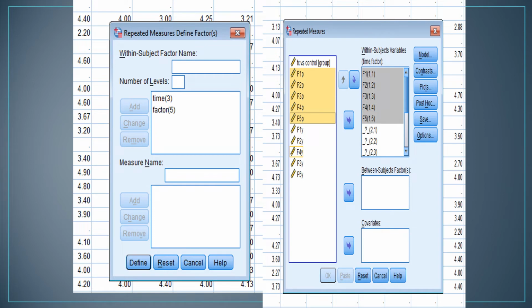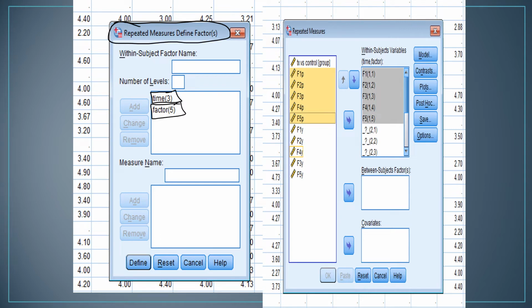So you would still go to this repeated measures option in SPSS to be able to perform this two-way ANOVA. And the difference is that when you define your different factors, you will put 2 of them in here. So you'll have 2 factors, put the name, put the number of levels they have, and then once they are both added, then you can define.